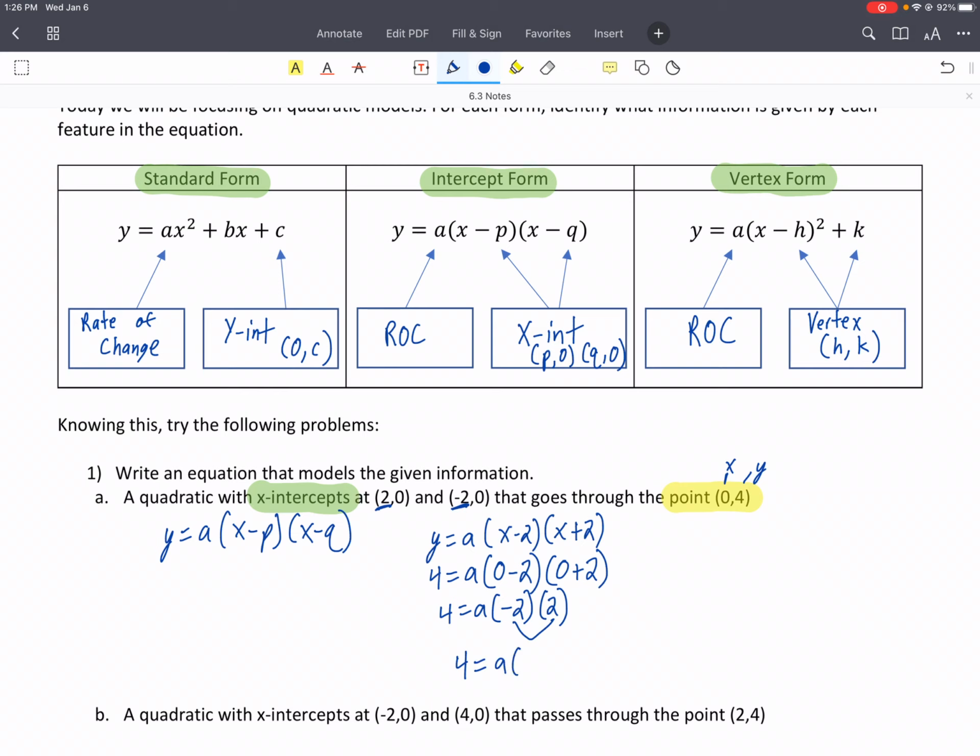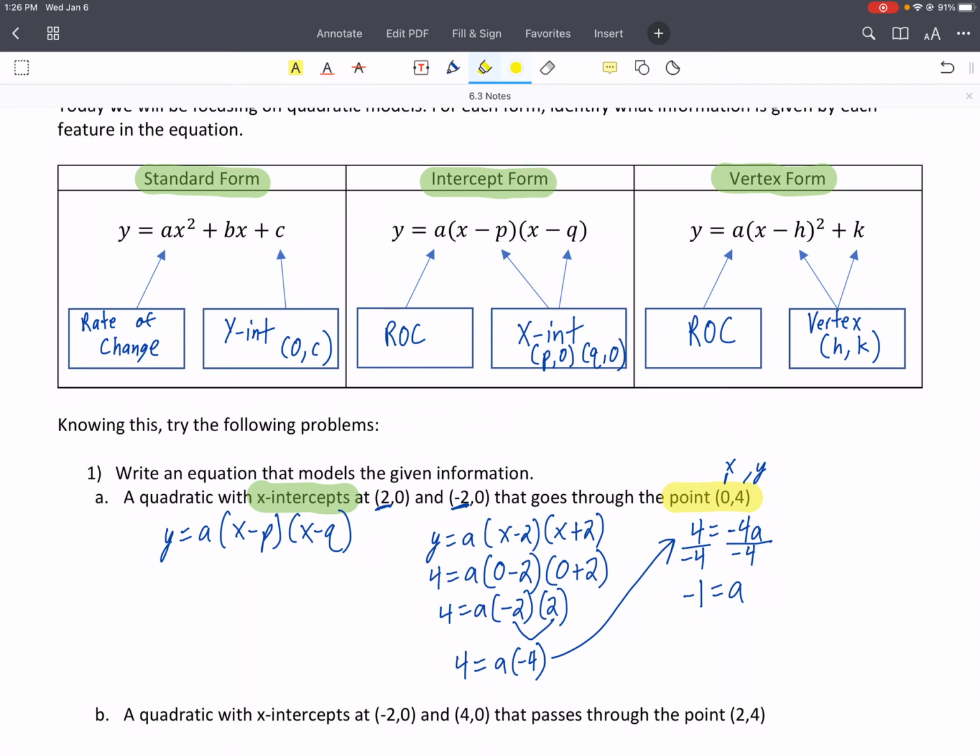So we have 4 equals a times negative 4. Now we want to solve for a, so we divide by negative 4 on both sides. 4 divided by 4 is 1, but since we have a negative, we get negative 1, and that is equal to our a.